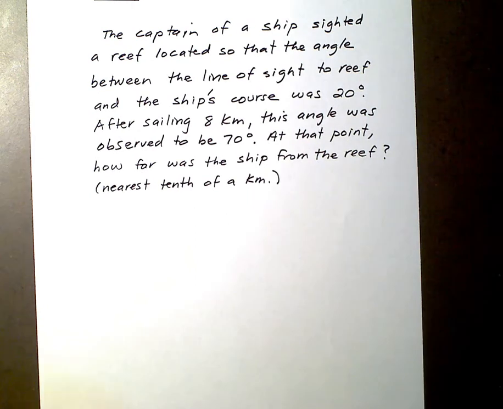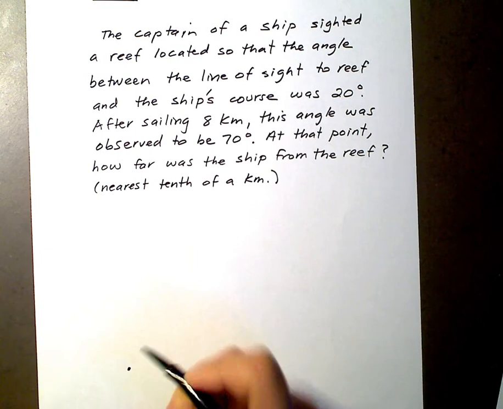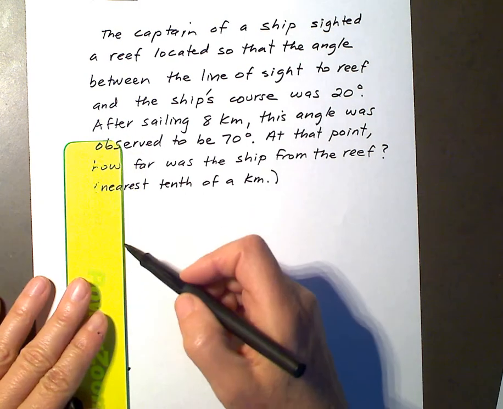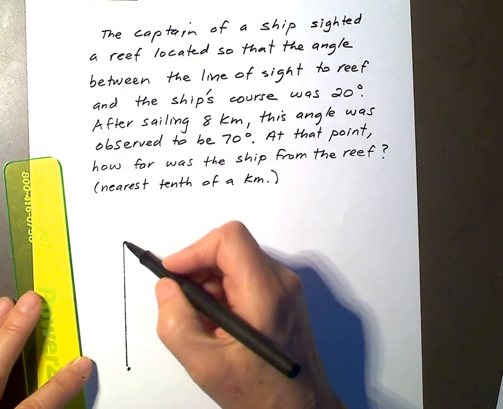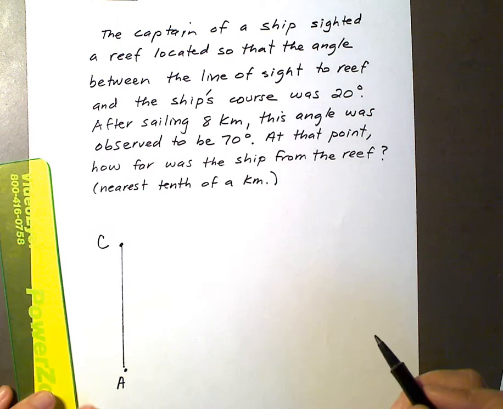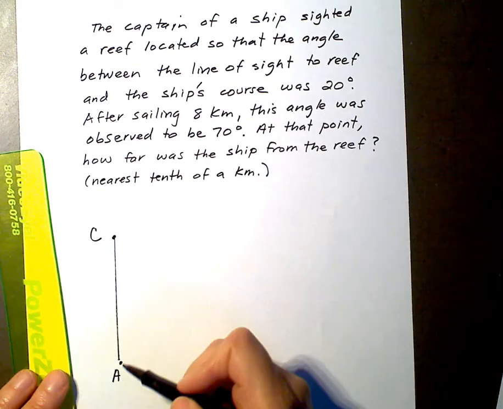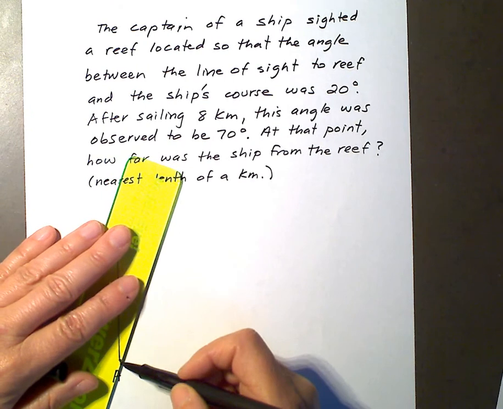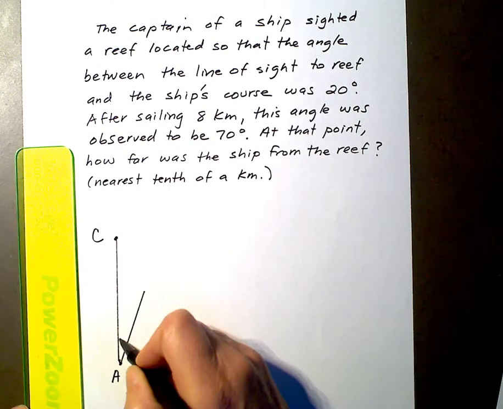So I'm just going to say this is the sort of the starting point, and let's just say that the reef is up here, and we'll put that at C, point C, and we'll make the starting point A, when he looks. And at the moment that he looks, his ship is on a course maybe this way, so this is a 20-degree angle.